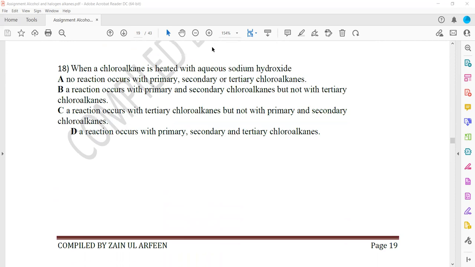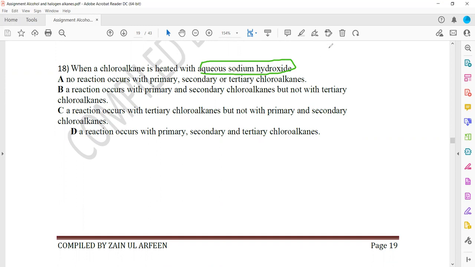In question 18, when a chloroalkane is heated with aqueous potassium hydroxide or aqueous sodium hydroxide, it will undergo a substitution reaction. Substitution can occur for primary, secondary or tertiary.